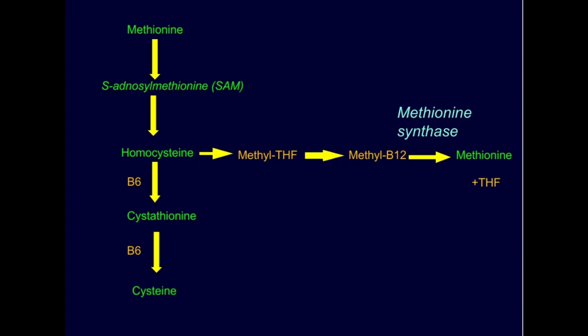If either one of them is missing, you're going to have an accumulation of homocysteine resulting in homocystinemia. Actually, if either one is missing, you're also going to get megaloblastic anemia, which means that the red blood cells don't develop very well. So there's two things that occur simultaneously because of that.